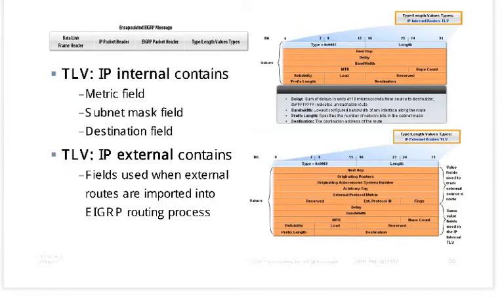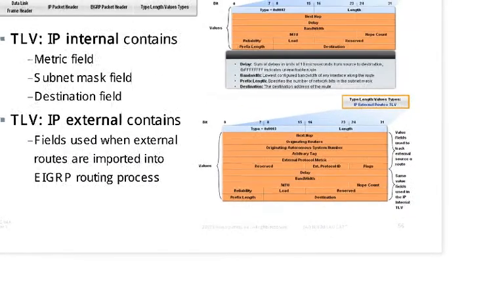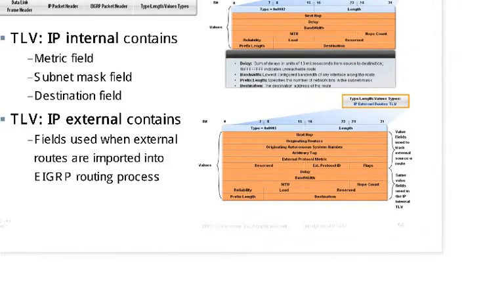The way EIGRP deals with that is that we see the metric field and the destination, which used to be communicated in RIP as usual, but we see here another field because here we're dealing with classless routing.